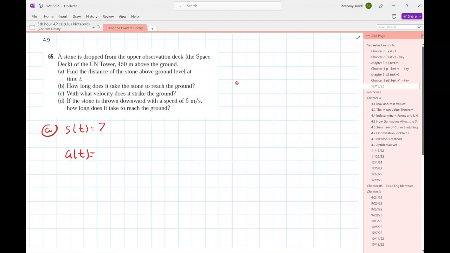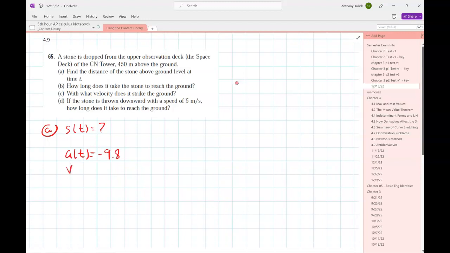Now, the stone is just being dropped, so the only force acting on it is gravity, which is negative 9.8 meters per second squared. And that's constant for everything on Earth, or near the Earth's surface, and we'll say 450 meters is still pretty near the Earth's surface.